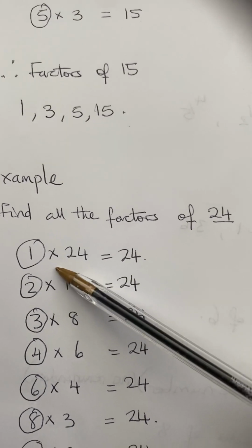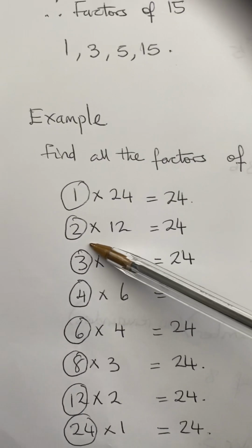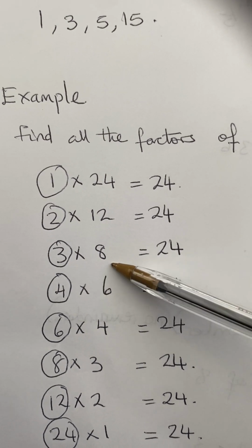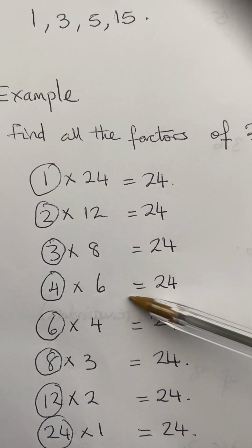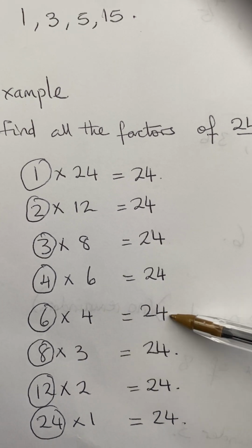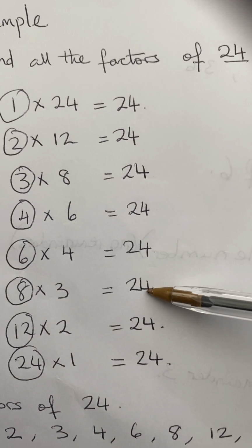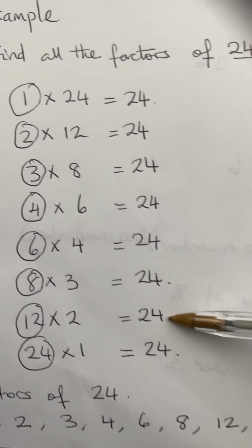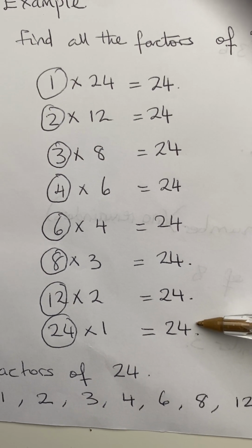So 1 times 24 is 24. 2 times 12 is 24. 3 times 8 is 24. 4 times 6 is 24. 6 times 4 is 24. 8 times 3 is 24. 12 times 2 is 24. And 24 times 1 is 24.